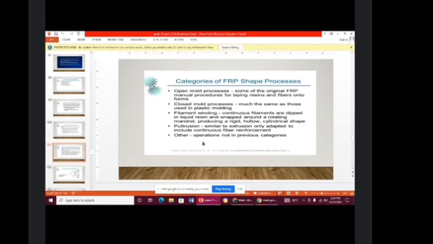Next is filament winding, in which continuous filaments are dipped into liquid resin and wrapped around a rotating mandrel, producing a rigid, hollow, cylindrical shape. Pultrusion is similar to extrusion, only adapted to include continuous fiber reinforcement. Then there are other operations not in the previous categories.